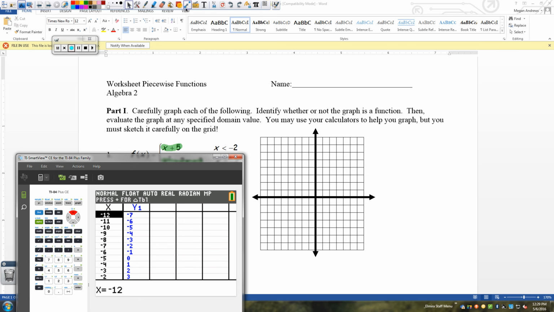And I'm going to start graphing that. Okay? So there's no equal bar. So negative 2, 3, put an open circle. And then negative 3, 2. Negative 4, 1, and so on.